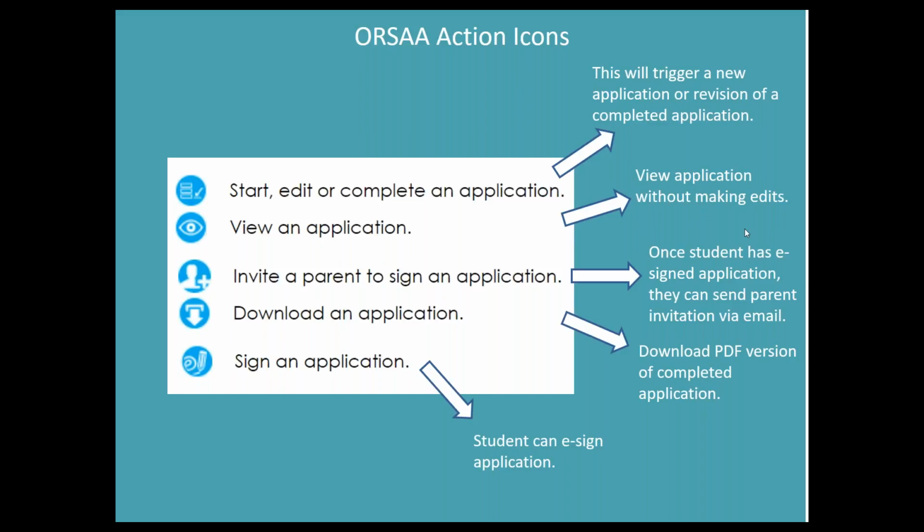The third icon, with the person and the plus sign, is if the student e-signs the application, they will then invite their parent to sign. The fourth one is to download a PDF version of a completed application. And then the last one, with the pencil, is to sign the application for the student or the parent. And this will become more clear.